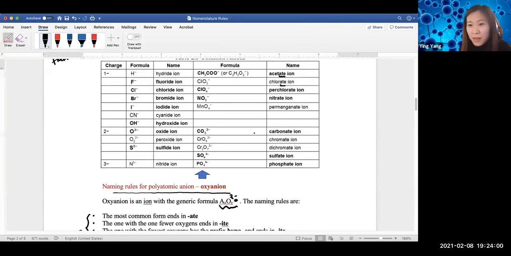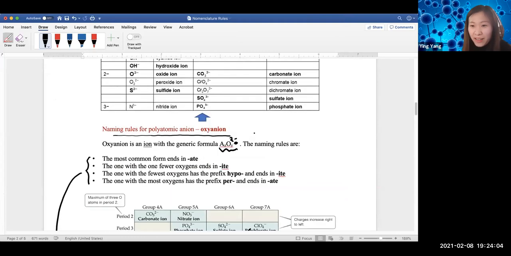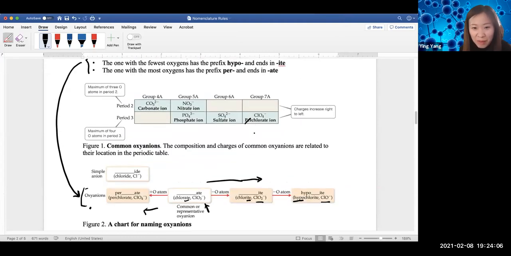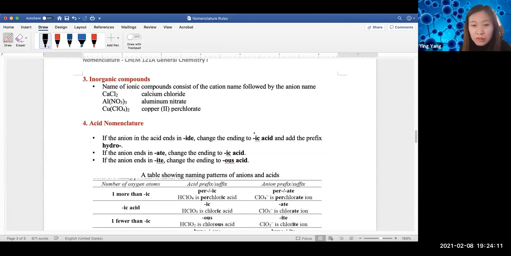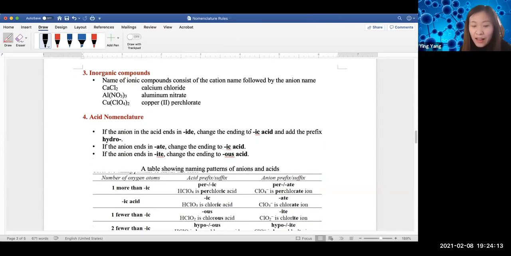Okay, so this is not the most exciting thing of this class, but I do want to go over it so you understand what each of these rules means. Actually, after class, you need to go over this document a few more times on your own.